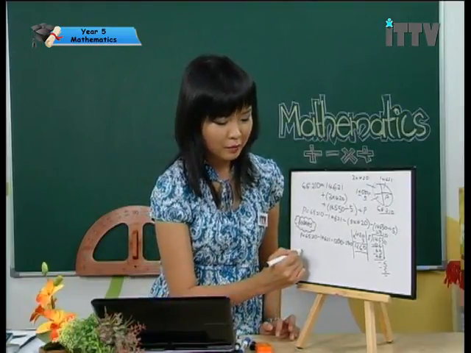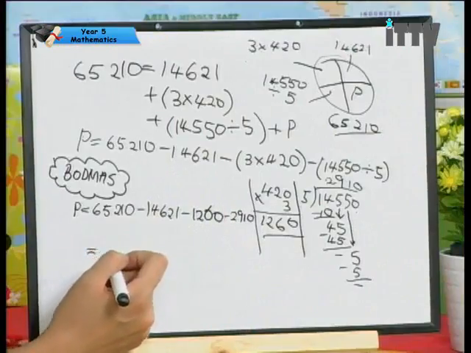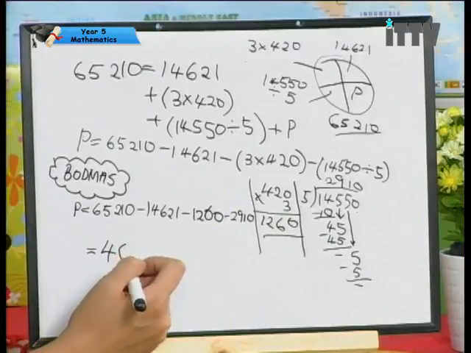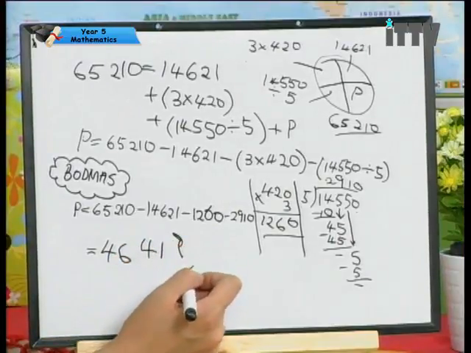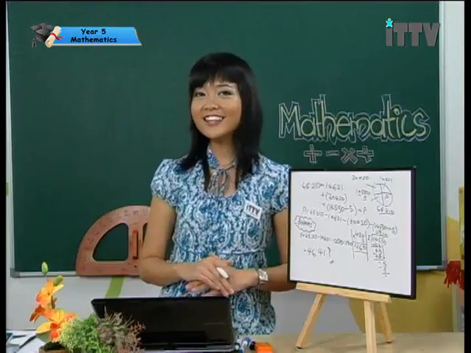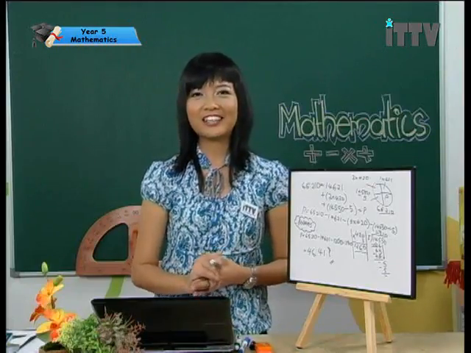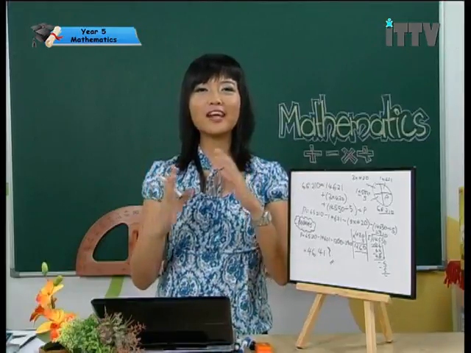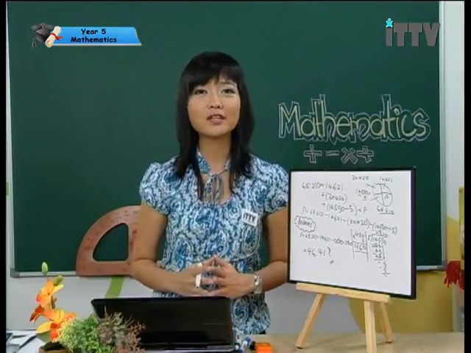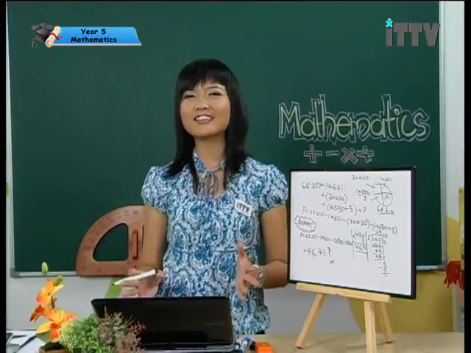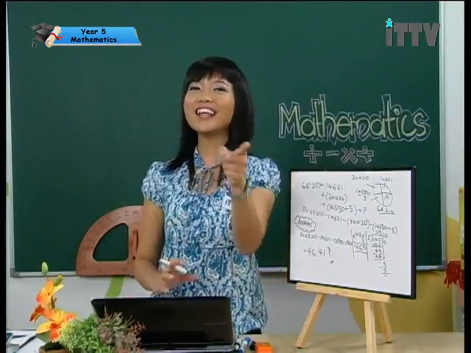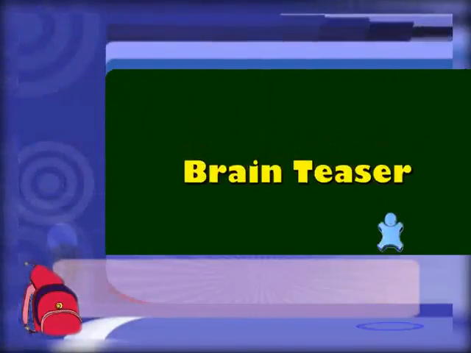So, the missing number is actually 46,419. That's the answer! Wow, kids, I think you guys are doing great. We have done so many questions with mixed operations today. Now let's chill and relax with Brain Teasers!